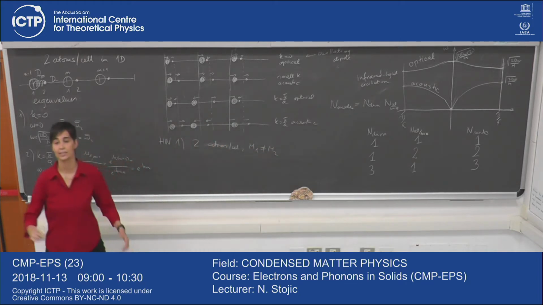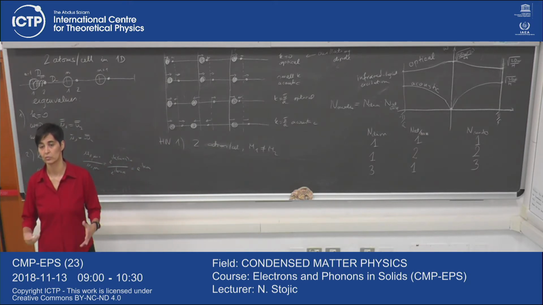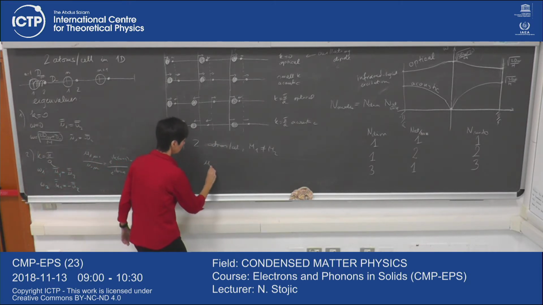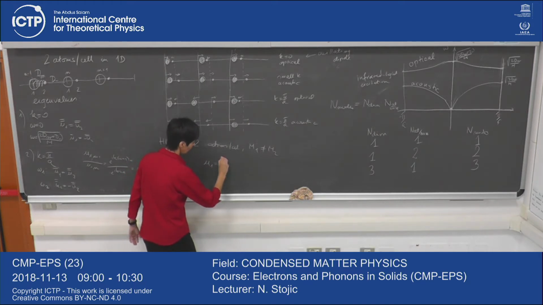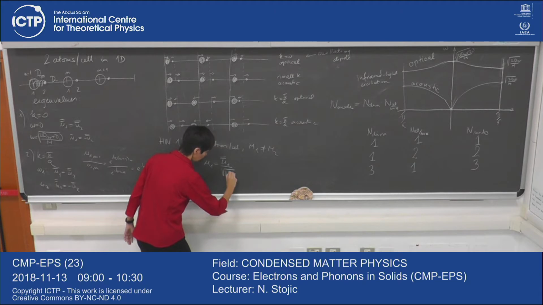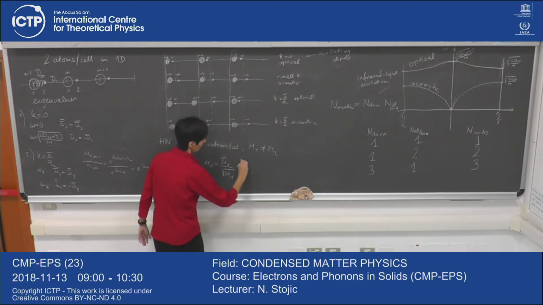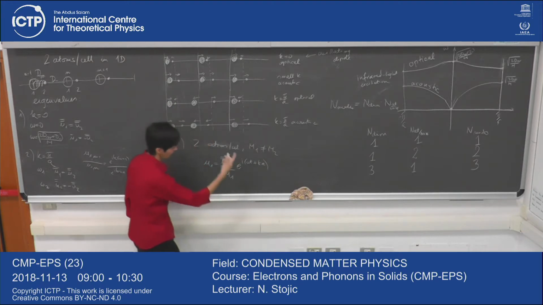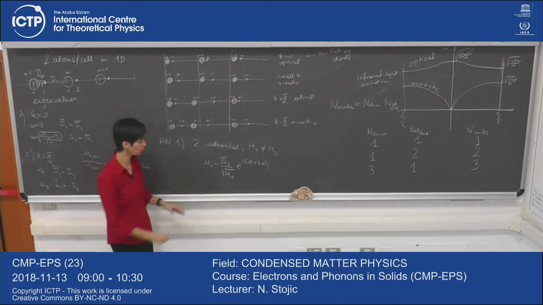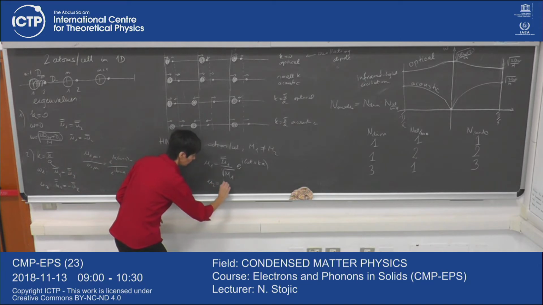For that, I give you an ansatz from which it follows everything: U1 is equal to the U1 amplitude, depending on the mass 1, and the U2 will depend on the mass 2.